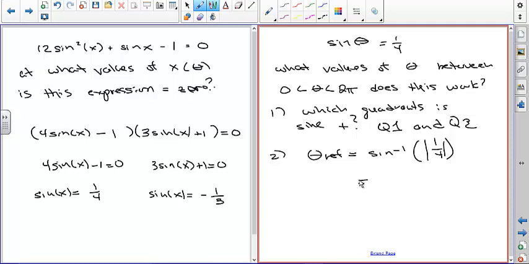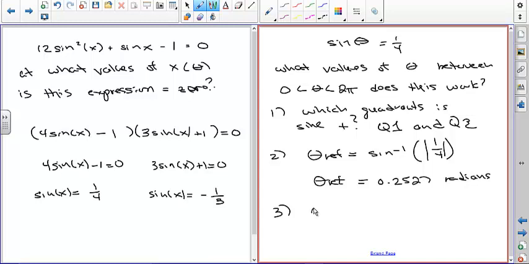So the inverse sine of 0.25 is 0.2527 radians.